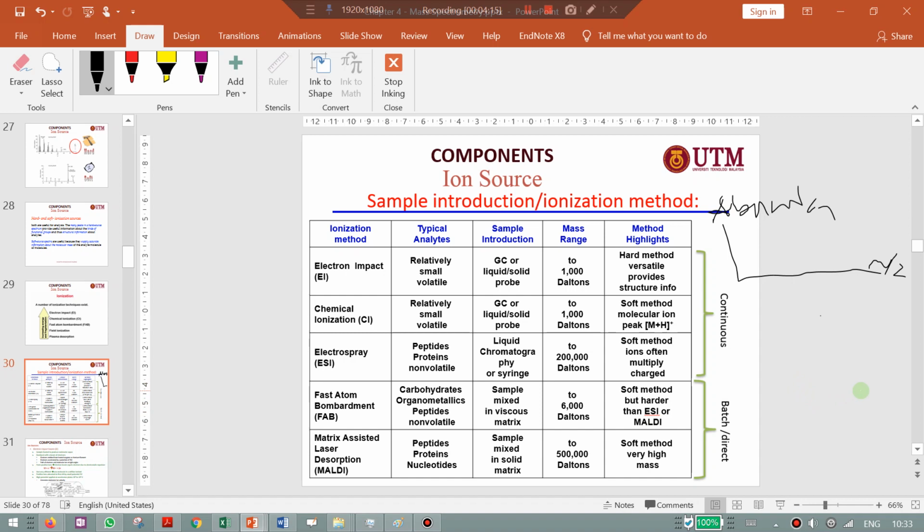For example, if you want to analyze protein, we go for MALDI. If we want to analyze thermally labile compounds, you can suggest the electrospray ionization technique. That is the kind of question that can be asked. For example, you have explosive as your target compound.